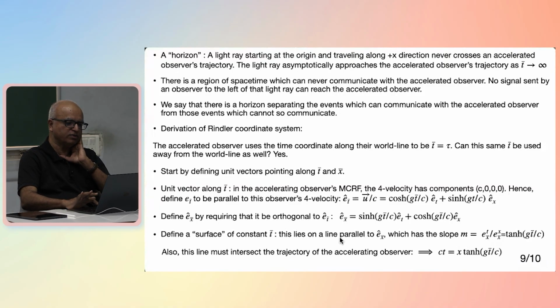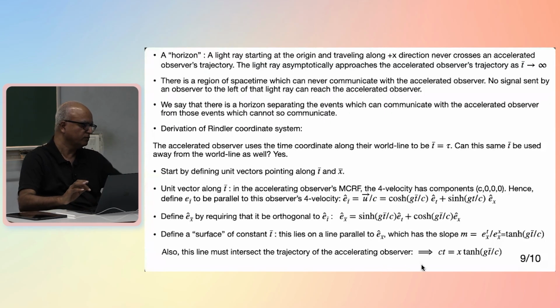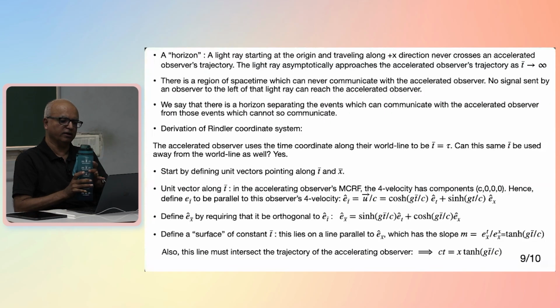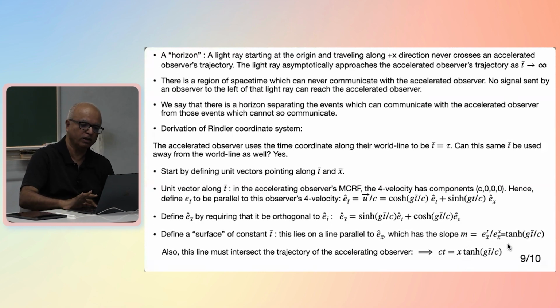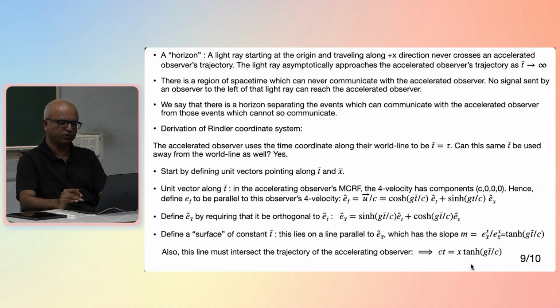Also, this line must intersect the trajectory of the accelerating observer. So, maybe getting a little involved right now, but otherwise very basic. In the t x diagram, draw a line with this slope, which intersects the trajectory of the uniformly accelerating observer. The trajectory solution we know.